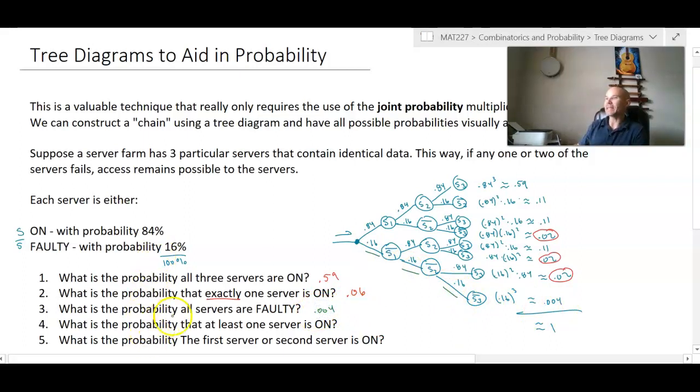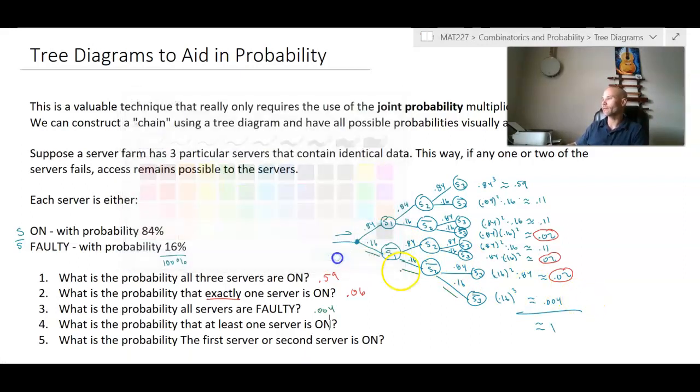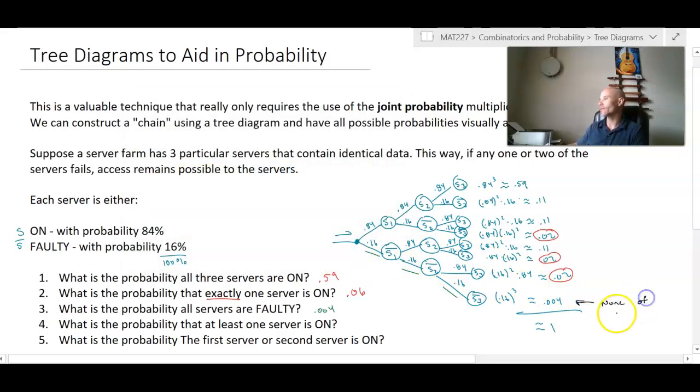What is the probability that at least one server is on? Well, there's two ways we could do this. First of all, notice that the only outcome where none of the servers are working is this one. This is none of the servers working. Okay, so that means we would add up all of these guys here.